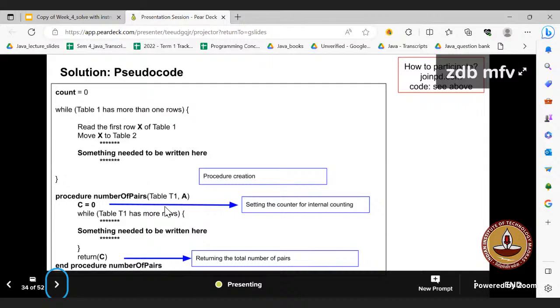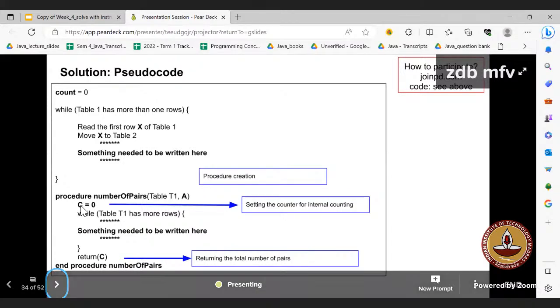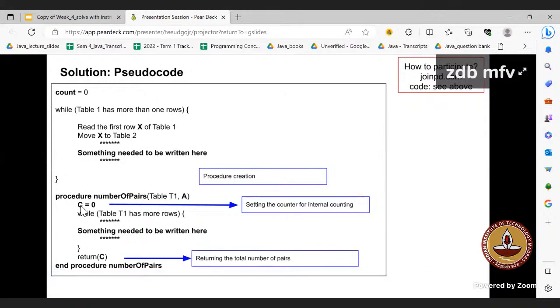So what the procedure can do is iterate over your table, and A is nothing but your card, X, whatever information you are enclosing. Then you will start with C equal to 0. For each employee, you have to find the number of pairs for that employee.